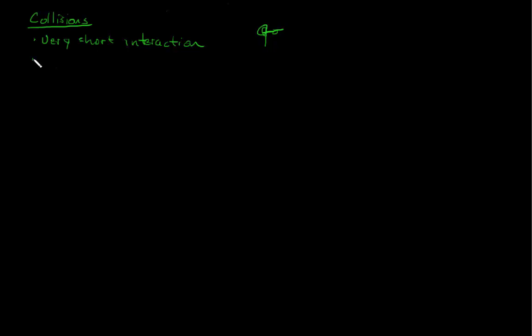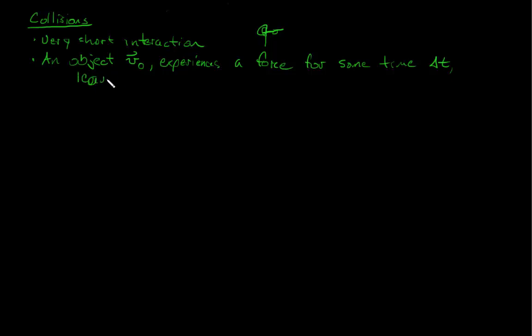So the idea is that an object starts with some initial velocity, say v naught, experiences a force for some very short time period, delta t, and leaves with a new velocity.